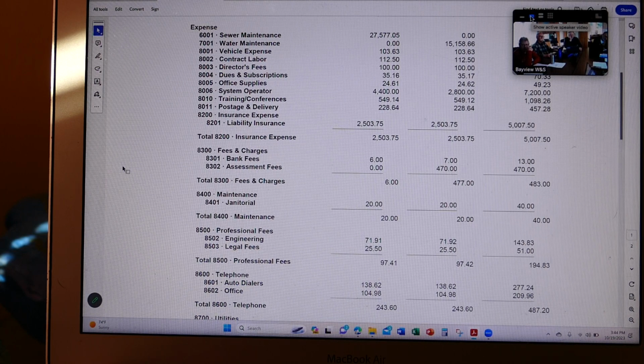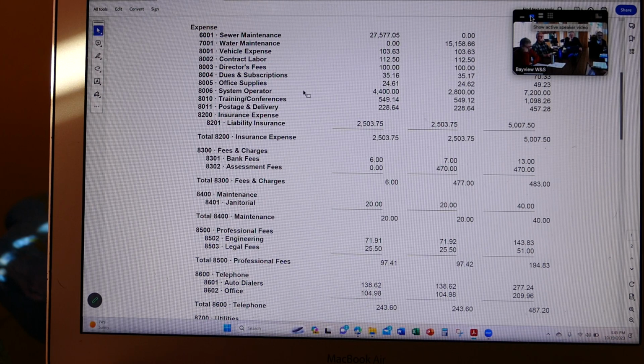And then on the water side, we have repairs and maintenance at about $12,286, testing at $90, and locates at $25. Down the list, nothing on our expense side is jumping out and extraordinary.